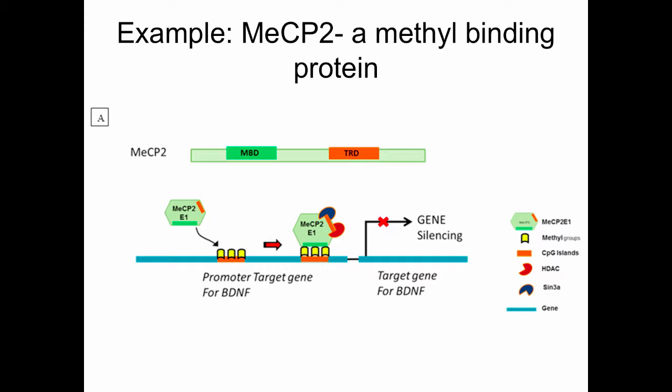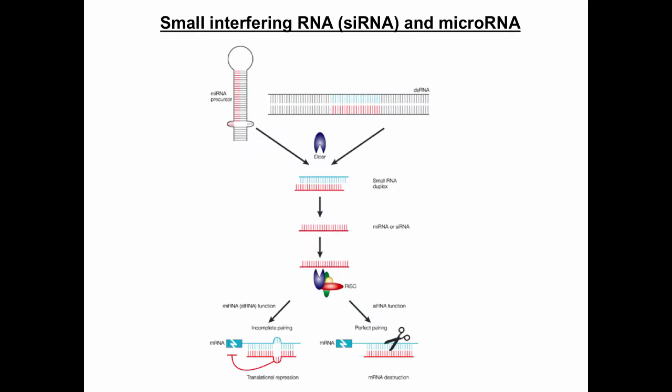It's a methyl binding protein. It specifically binds to the methylated cytosine and then recruits other enzymes to the promoter to turn the gene off. So readers tend to act as recruiting complexes. They recruit other proteins to then cause a gene to be silenced or activated.